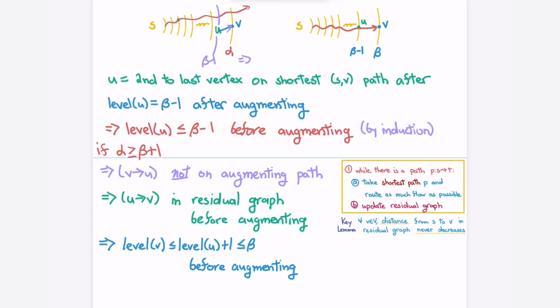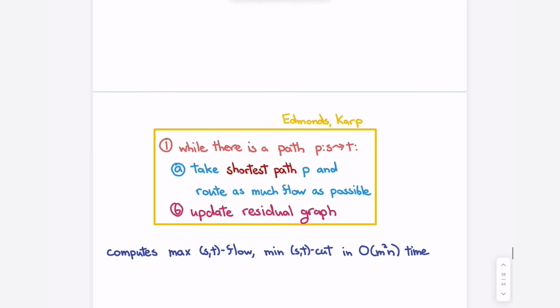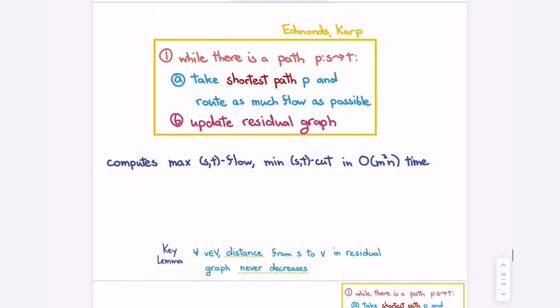I guess it's probably one of the more subtle arguments we've had so far. Somehow, in this manner, by always taking the shortest path from s to t, we get the strongly polynomial time algorithm we wanted. This works even with irrational capacities, with very large capacities, whatever.